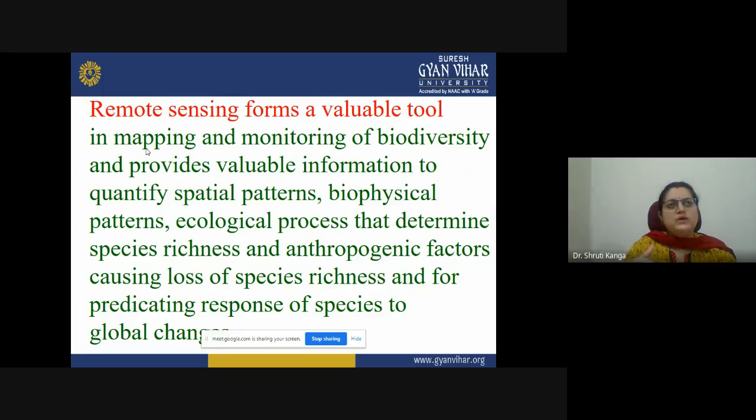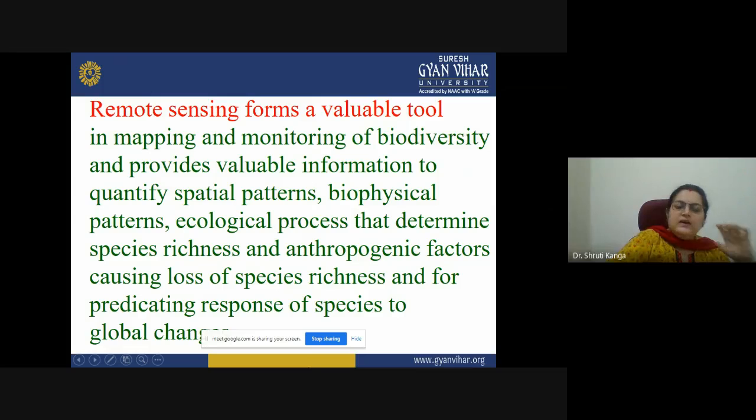If you go through different time series data sets, you can see what biophysical patterns they are following, what ecological processes determine the richness of the species, and the anthropogenic factors which are causing the loss of species richness, and for predicting the response to global changes.